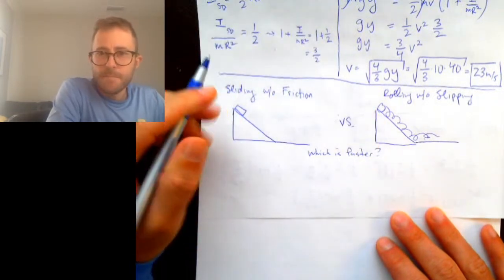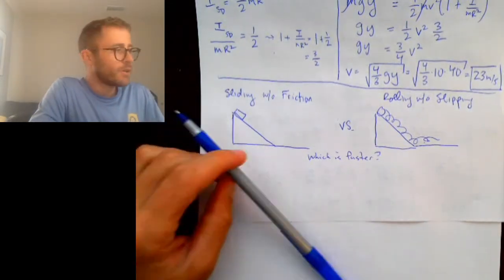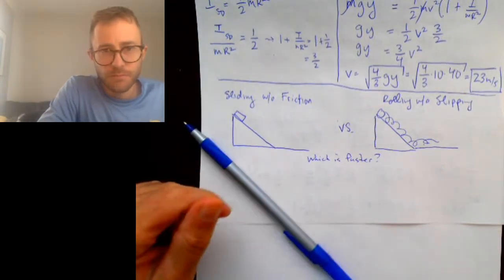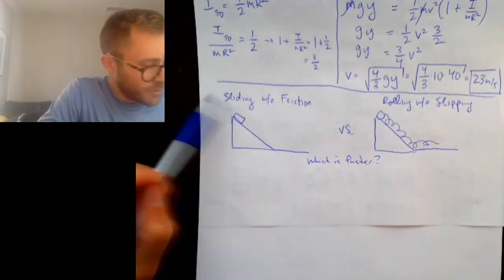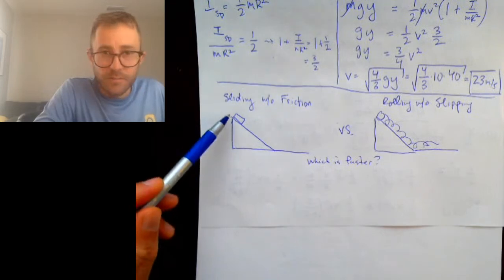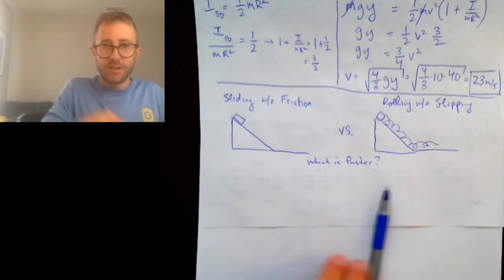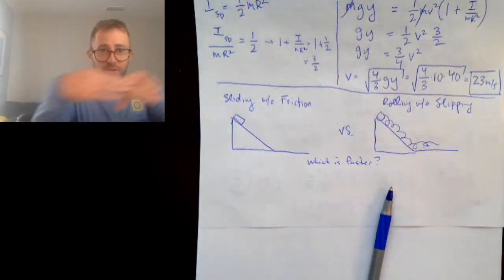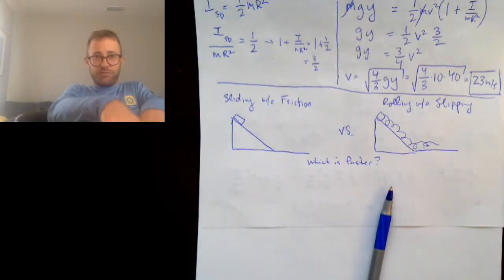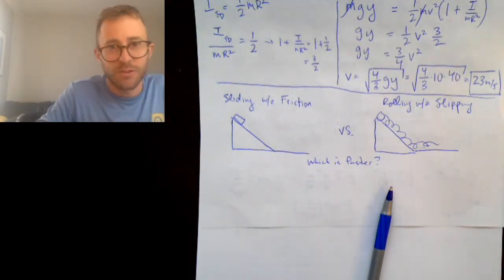Now, if you think about rolling, in order to roll, well, let me just describe this a little bit better. So you kind of want to think about it as a skier who is sliding down a mountain. Okay, and this skier is not doing turns to slow themselves down. They're just sliding straight down. Really well waxed skis, so there's no friction.